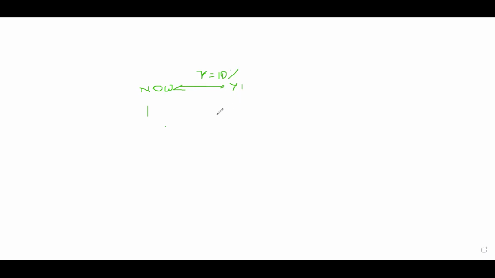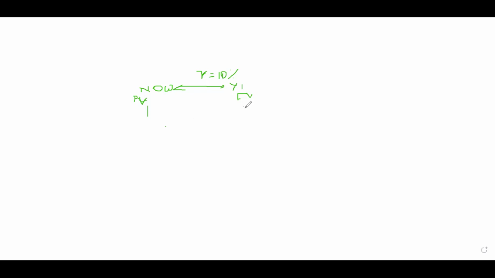Then the link between the two is obviously this is present value, now is present value. And this is future value. So the link between them is the interest rate. And how are they related?